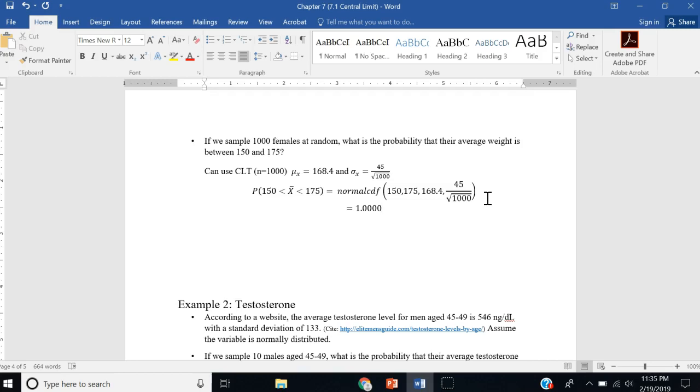In other words, it is pretty much guaranteed that if you take a sample of 1,000 females at random, their average is going to be between 150 and 175. It's not a perfect guarantee, because if you rounded to more decimal places, you'd see on your calculator that it's not exactly 1, but rounded to 4 decimal places, it is 1.0000.